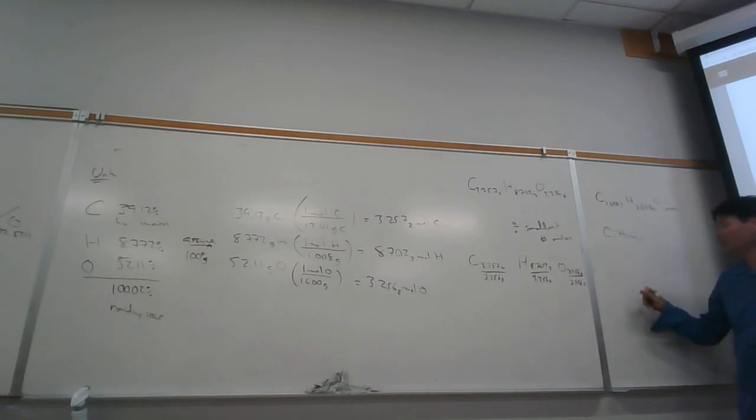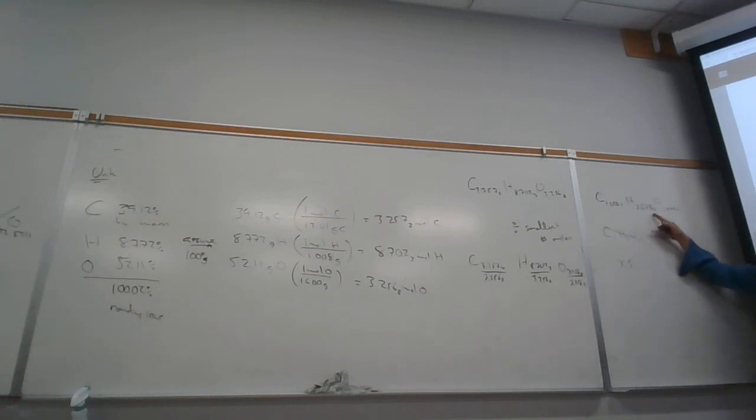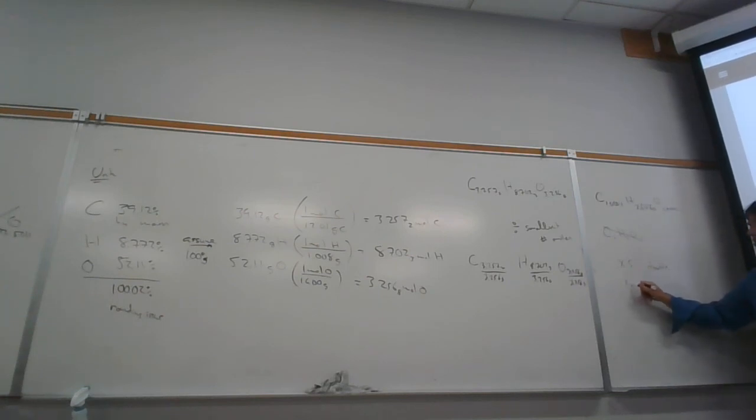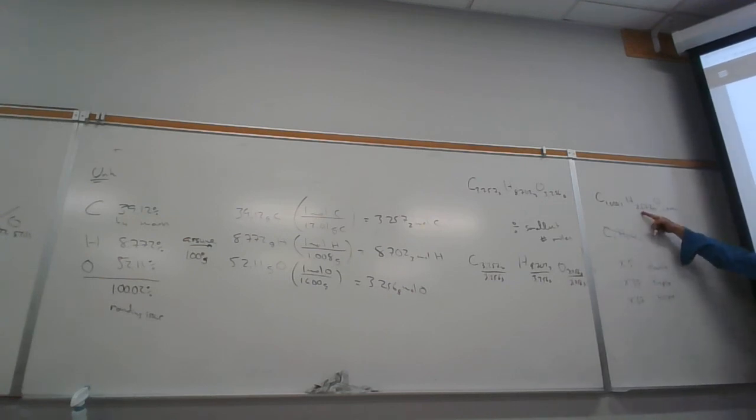And so what we need to know is this. If we have x.5, then what we should do is double everything. If we have x.33, then what we should do is triple everything. If we have x.67, we should triple everything. The reason I want to triple it is because this is 2 2/3. Do you see that?